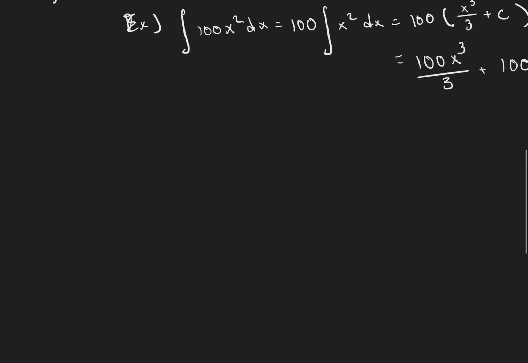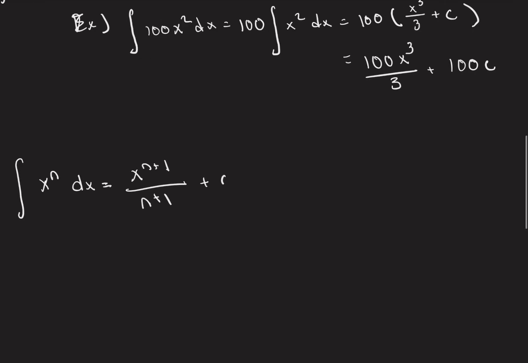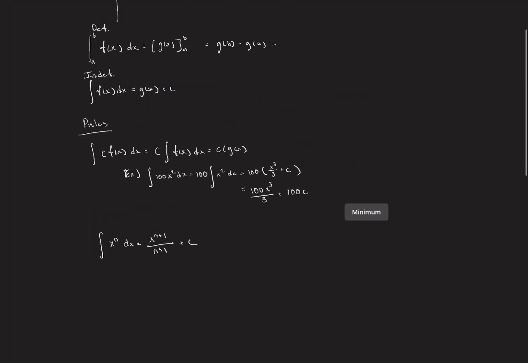So we say we have the function x to the power of n dx, and if you want to solve this integral, you have x, and you add 1 to the exponent. Whatever your exponent is, you divide by it. So it'll be n plus 1 as well. And obviously, you can't forget your constant, right?